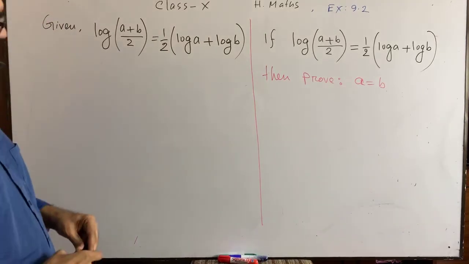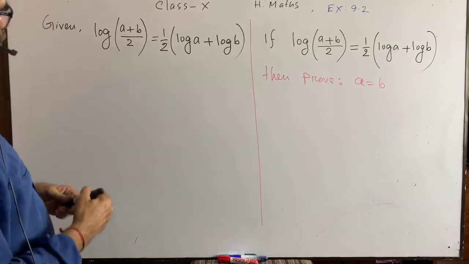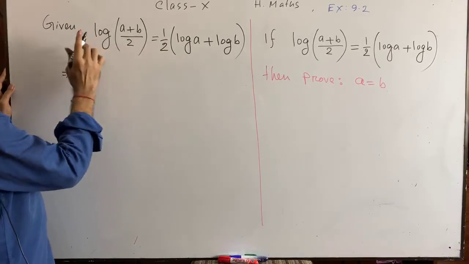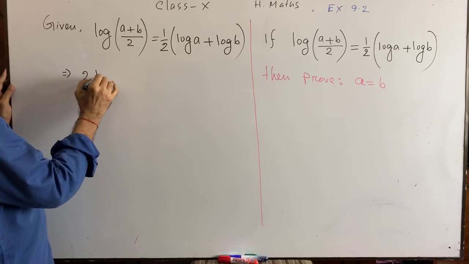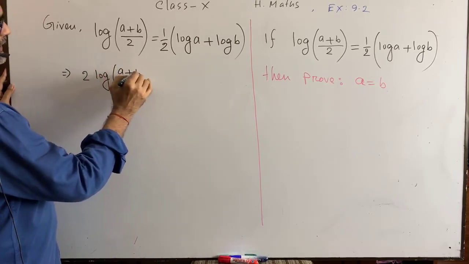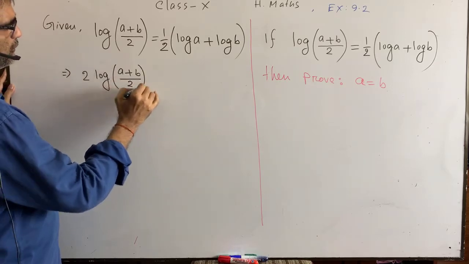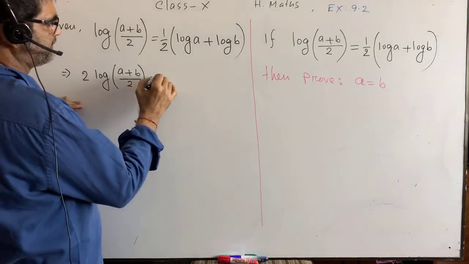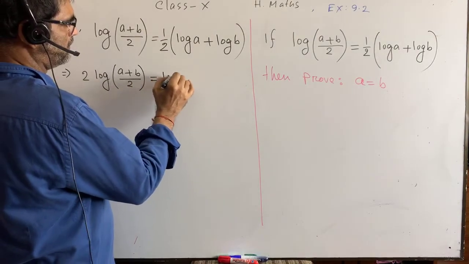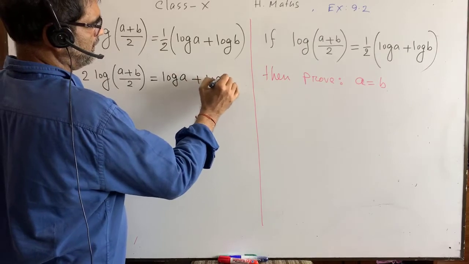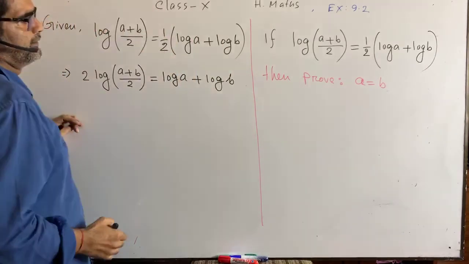Okay, now actually what should we do? We can multiply like this: 2 log of a plus b by 2 is equal to, you see, log a plus log b.